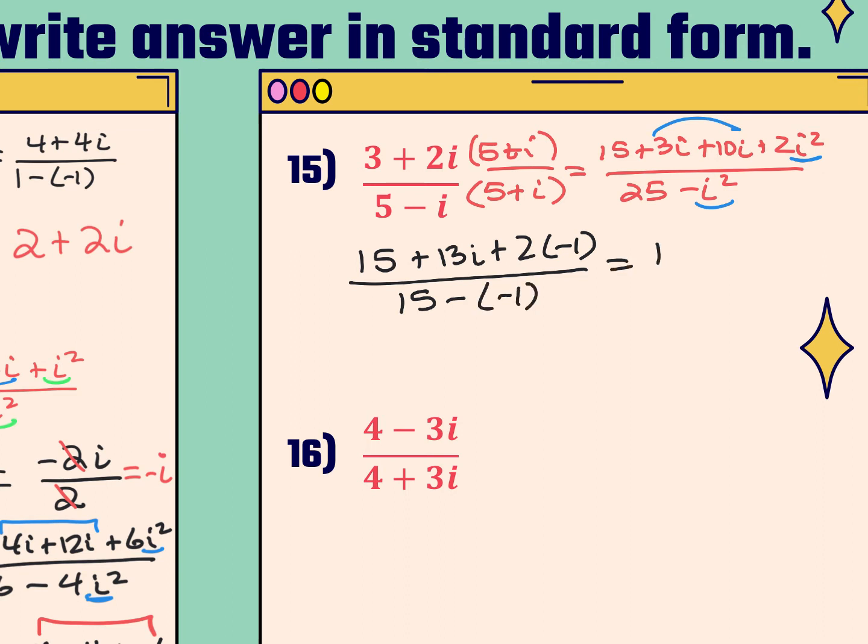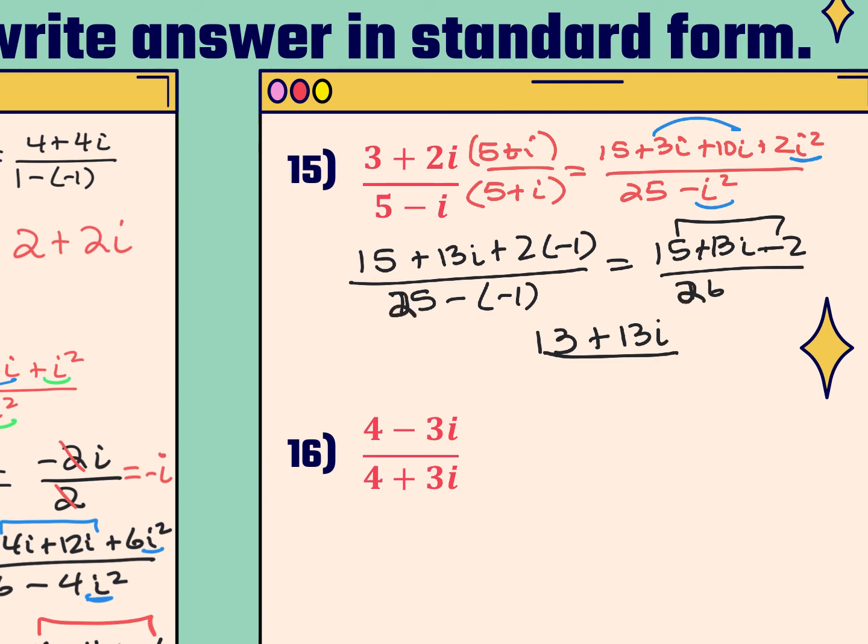And now I'm going to multiply: 15 plus 13i minus 2 over 16. I now can combine these like terms, and I get 13 plus 13i over, and this should be a 25 in the denominator, so this should be a 26.